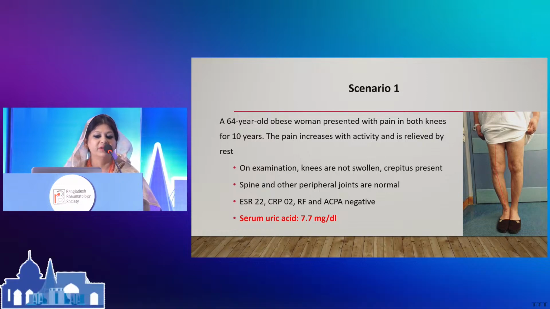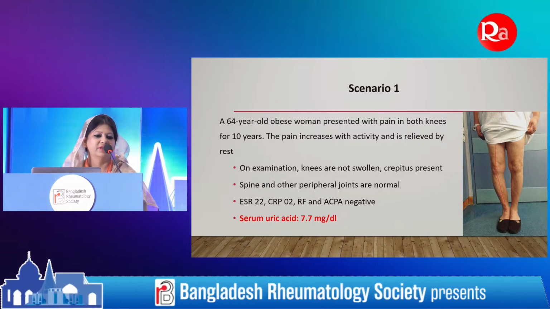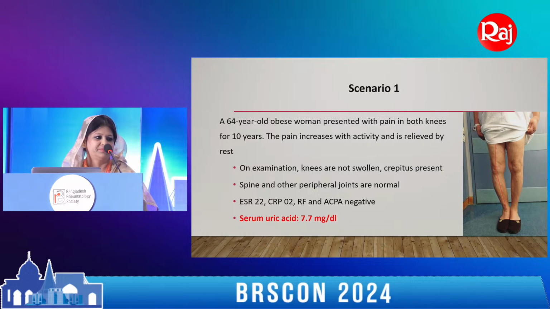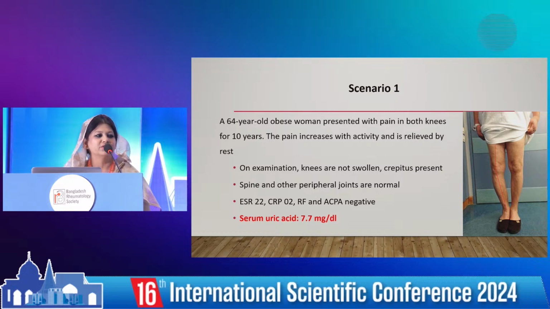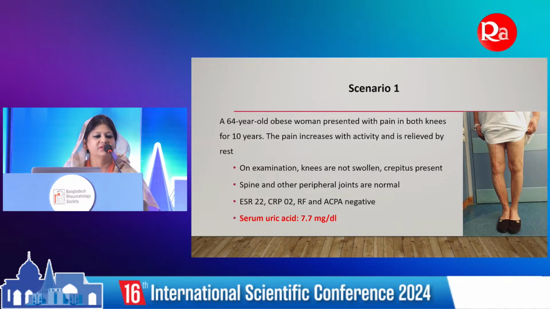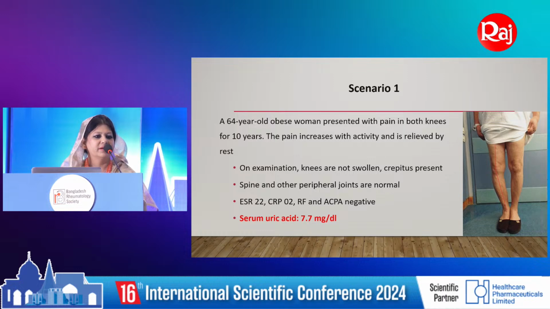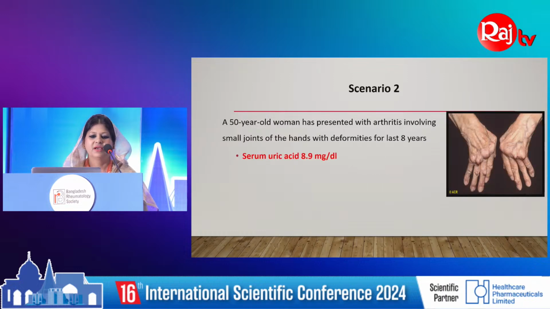But her serum uric acid level was 7.5 milligram per deciliter. She has various deformities in her knees, so she is a clear-cut case of knee osteoarthritis with a slightly elevated serum uric acid level.